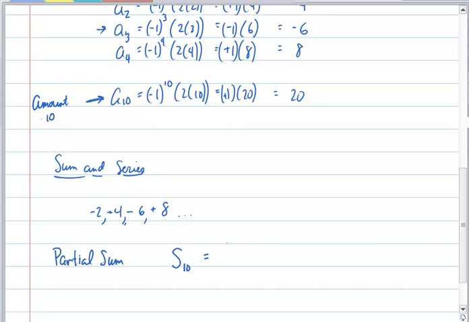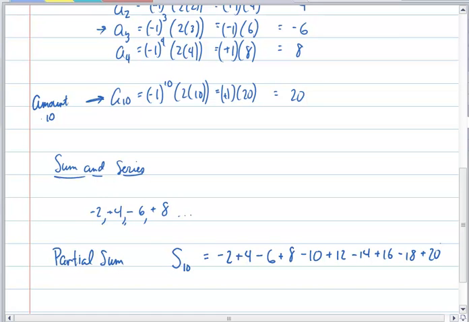So we would be expected from this notation to write out -2 plus 4 minus 6 plus 8 once we understand the pattern, and then we keep on going: -10 plus 12 minus 14 plus 16 minus 18 plus 20. So then we would sum up these terms. Either use your calculator or just do this by hand. For these two you would have 2.